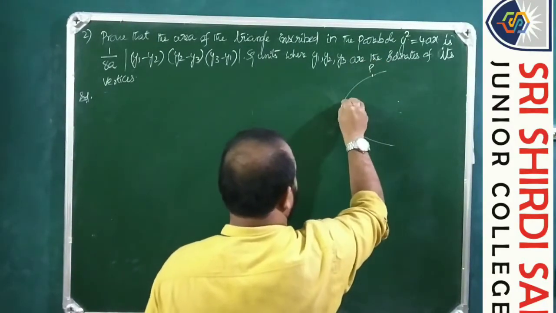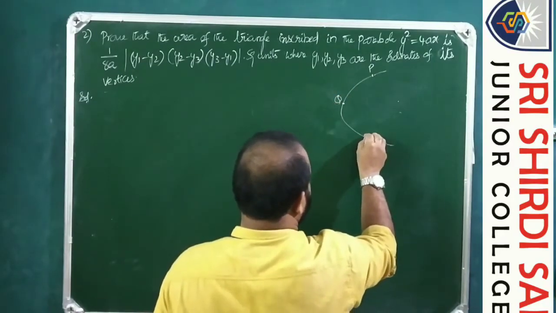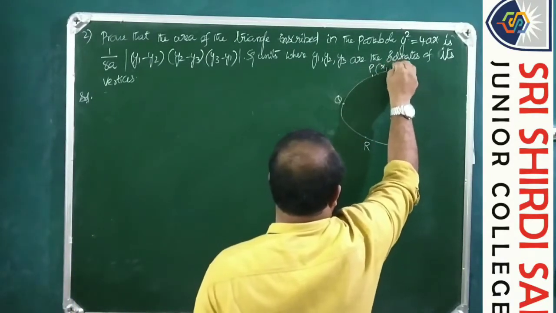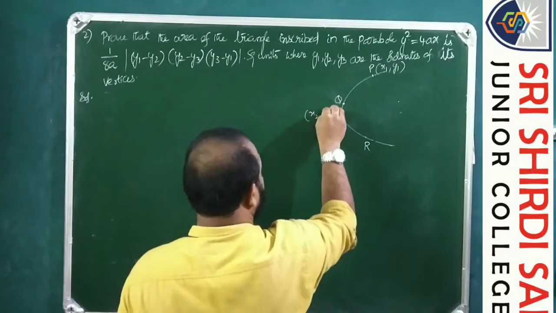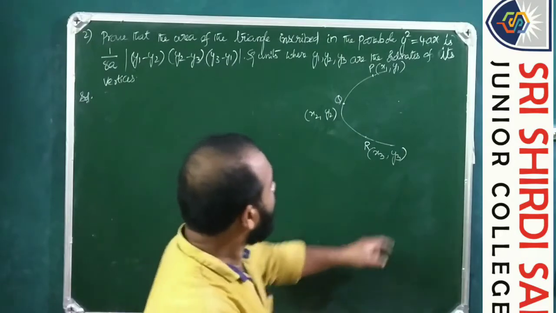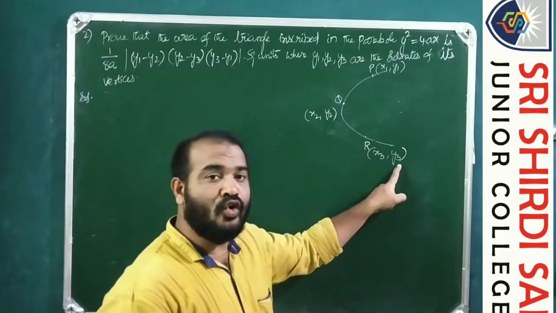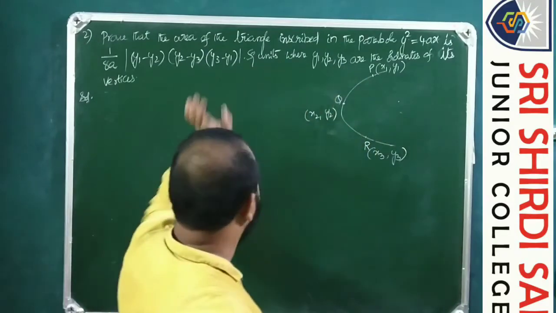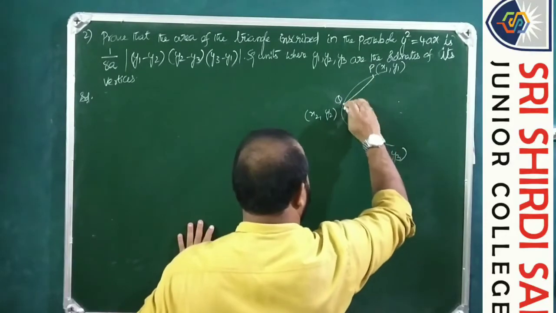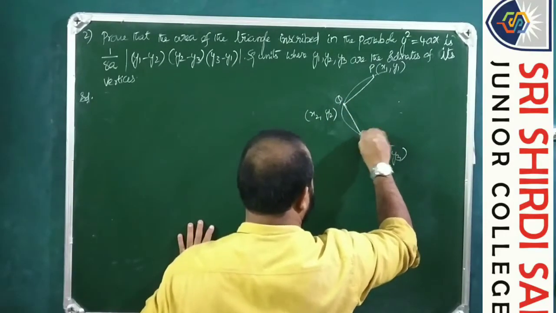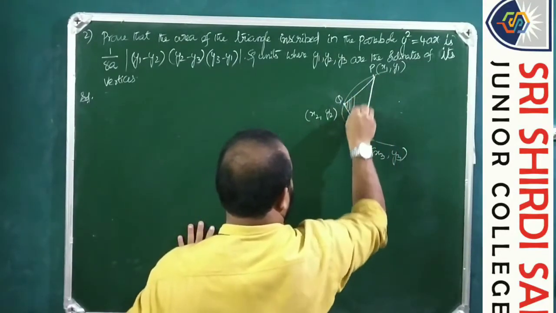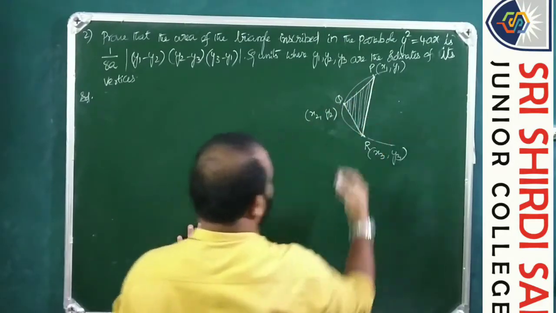Let us suppose this is P, this is Q and this is R. So P x1 y1, Q x2 y2 and R x3 y3. Here y1, y2, y3 are the y coordinates of the 3 points. So with these 3 points a triangle is formed, and if I join this, we need to prove the area of the triangle to be this.